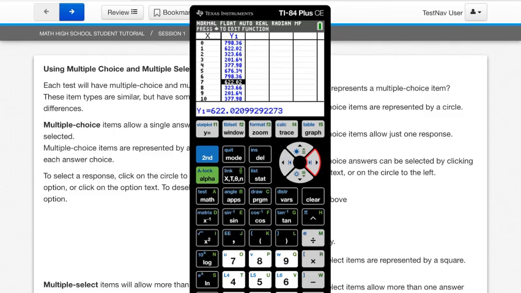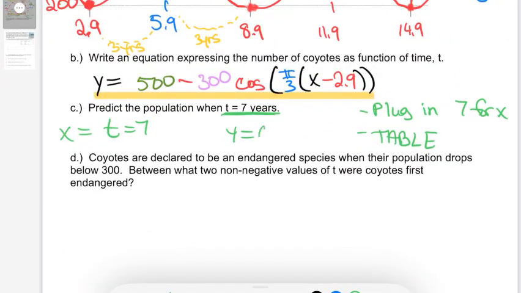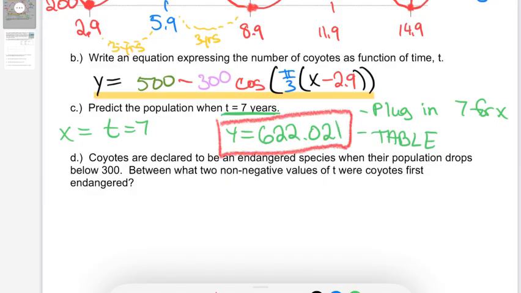So that population, Y value, is 622.021 because it does round up. So 622.021 is that population 7 years after it was being recorded.